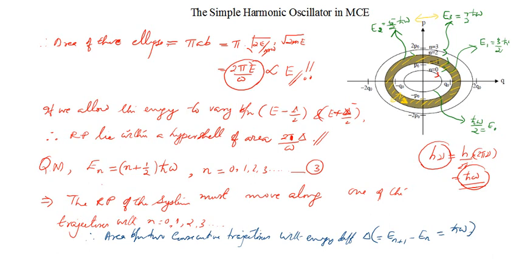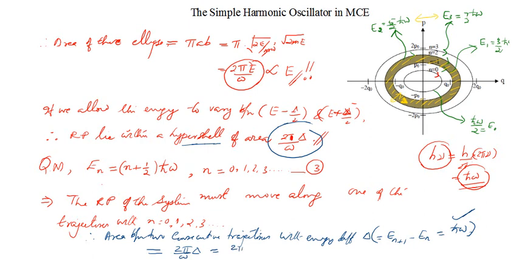That area is equal to 2 pi by omega into delta. Already we have just seen that one. That is a shell of area, which is shaded here. Now if you take delta equal to h cross omega, what will the area be?